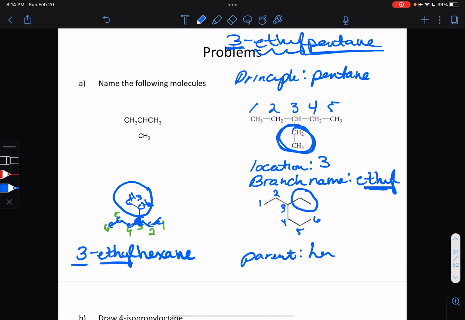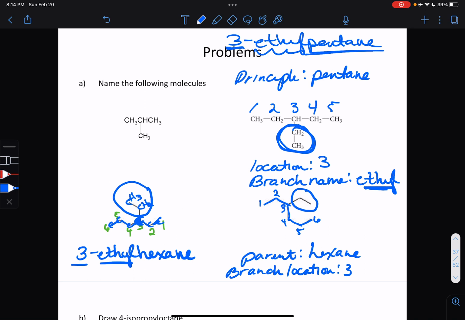So that's going to be hexane. And in the first numbering system, we had a branch hanging off of carbon 3. And in the one that I've just drawn right here, we have our branch hanging off of carbon number 3. So it looks like it doesn't matter which way we go. So let's stay with this one right here. So we have branch location is 3. And now we have to decide what that branch is.